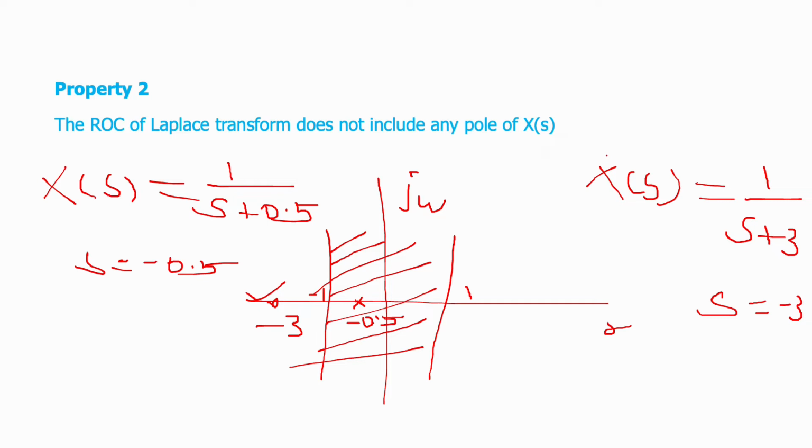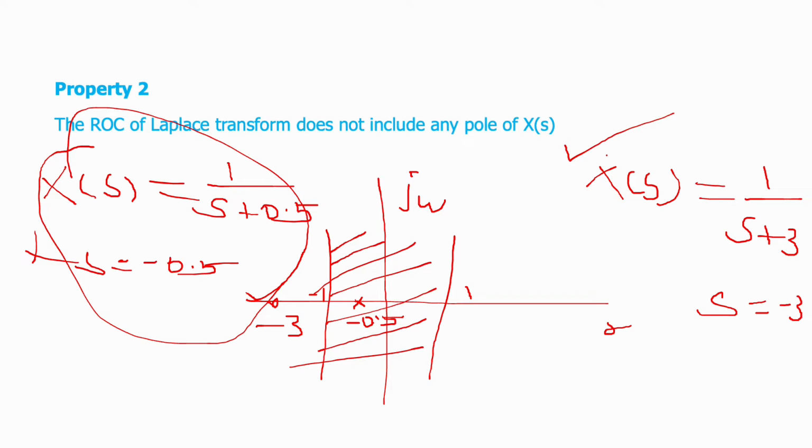As per the property, the region of convergence does not contain any poles. But as per this problem, the pole is located inside the region of convergence. This is wrong. If you look at this part, here s is equal to minus 3. It lies outside, so this pole will be considered. This is what the property explains.